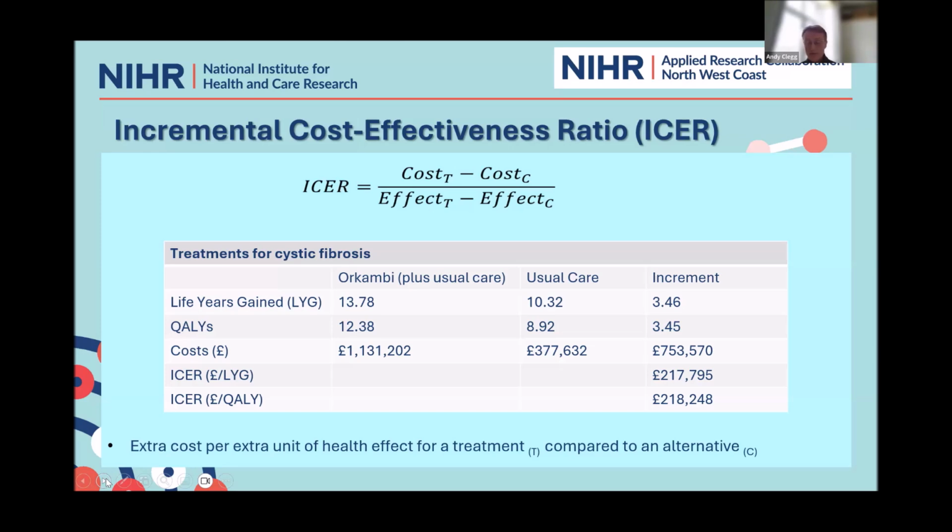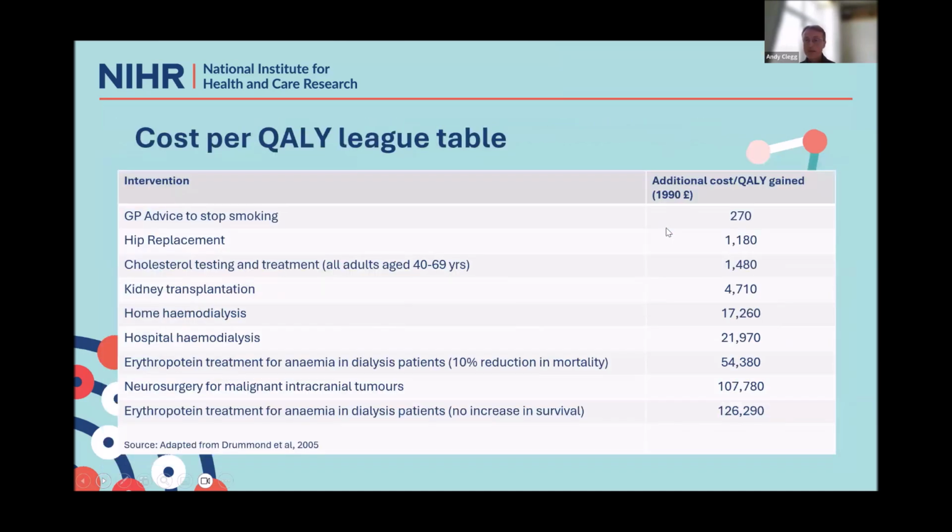Now you can produce these sorts of evaluations for all sorts, and here you'll see a list of what is effectively a league table of different interventions, which shows the spread of cost per QALYs for different types of interventions that you might come across.